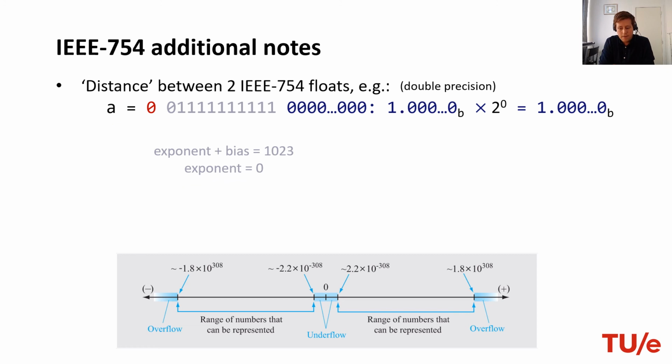I now want to discuss one of the peculiarities of storing numbers in this IEEE standard. And that is that there is a finite distance between two consecutive IEEE floating point numbers. So we already discussed underflow and overflow, numbers that are too small or too big to be represented in IEEE 754 format.